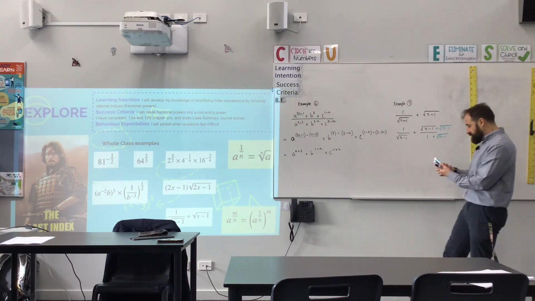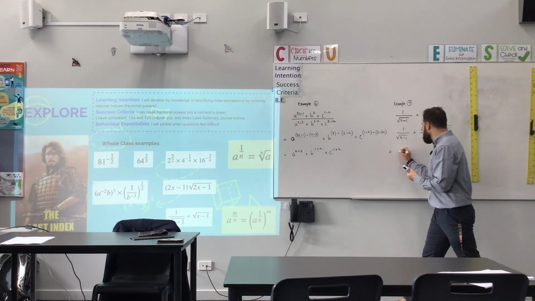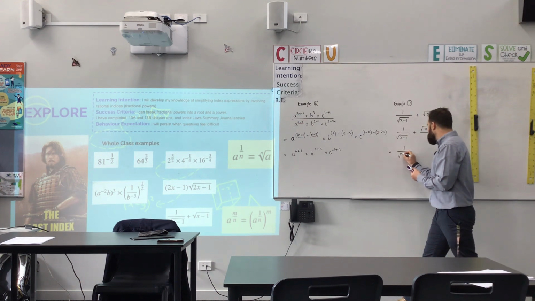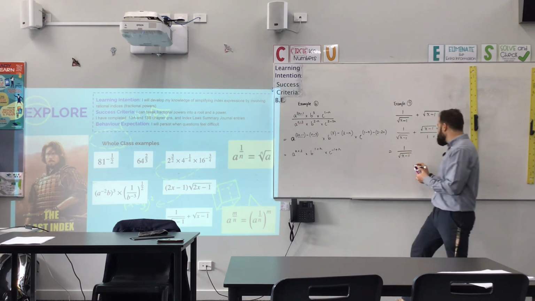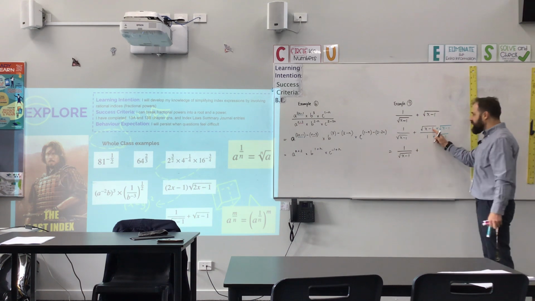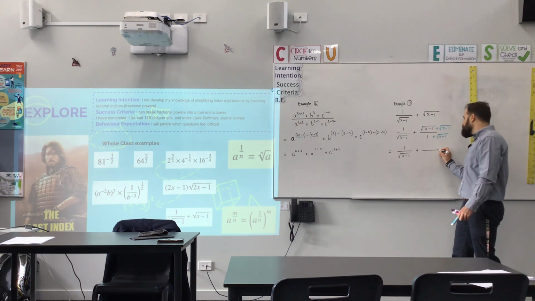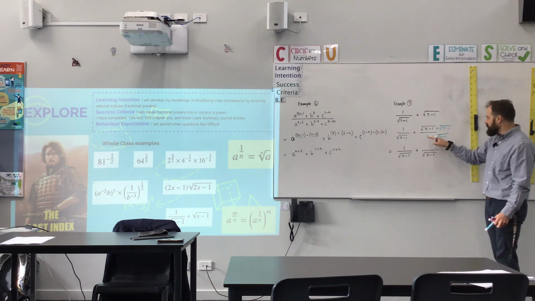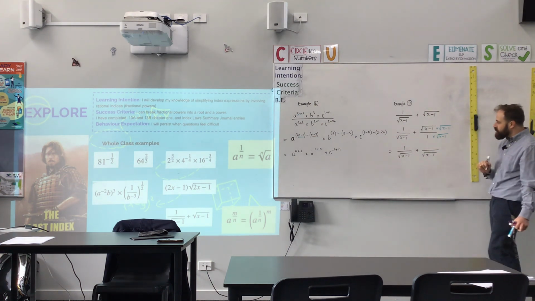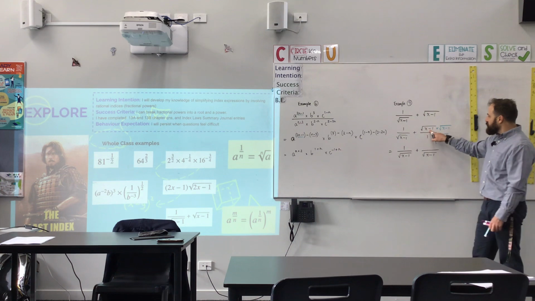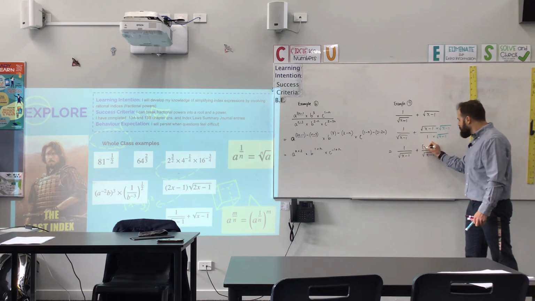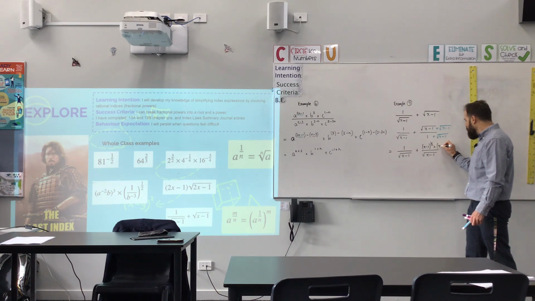Okay, when I do that, I'm not changing this first fraction, it stays exactly the same. The second fraction, the denominator becomes x minus 1, because 1 times the square root of x minus 1 is the square root of x minus 1. The numerator, this is the same as (x minus 1) to the power of a half times (x minus 1) to the power of a half.